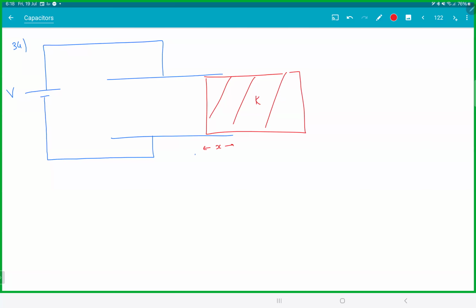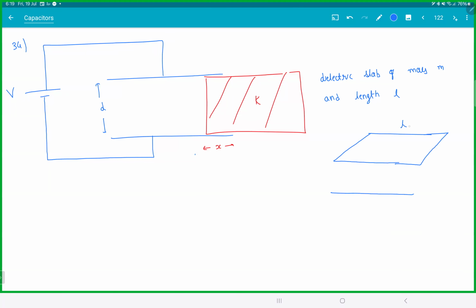The length of the dielectric slab is L, and the distance between the plates is d. This is a dielectric slab of mass M. These are square plates also, right? I think let's not take square plates. So let this be L and let this be B.